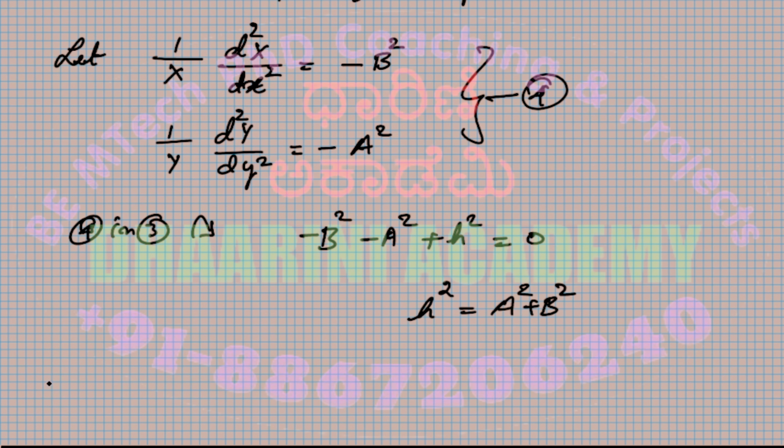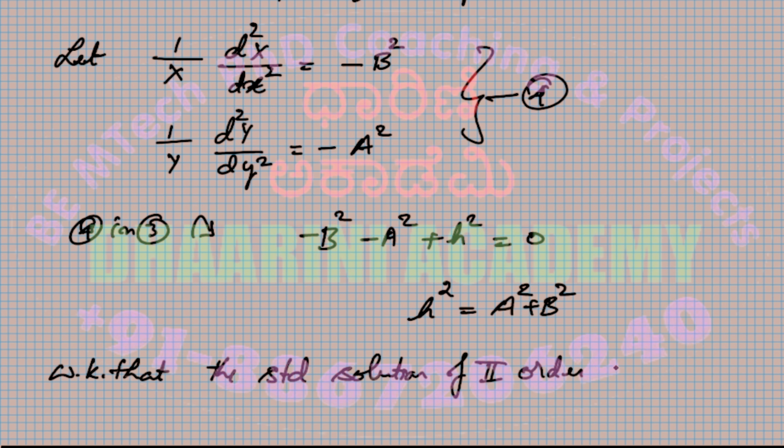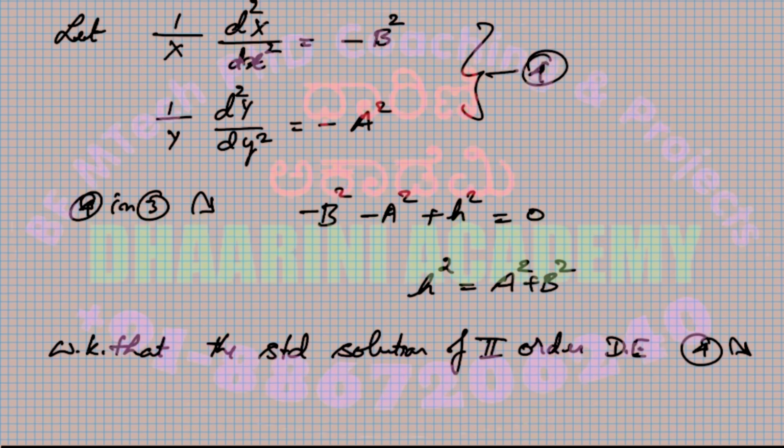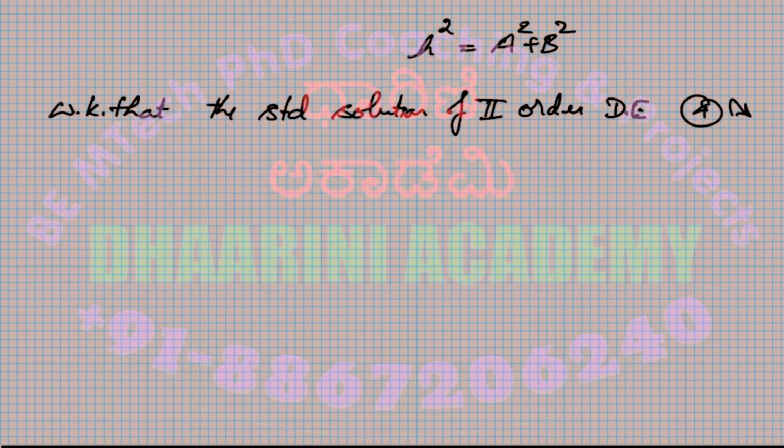It's expected to know by this time what will be the standard format of a solution of a second order differential equation. So we know that the standard solution of the second order differential equation, that is 4. In 4 we have two equations, and we are trying to write the solution.